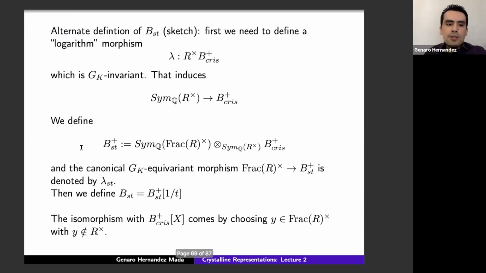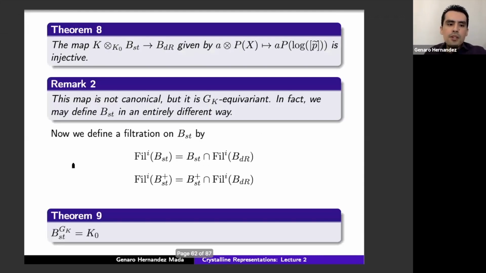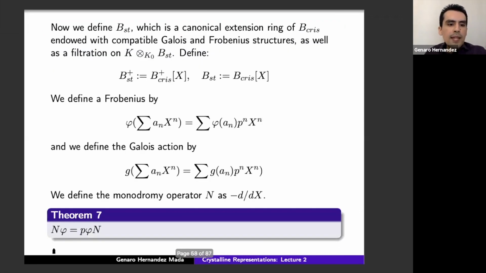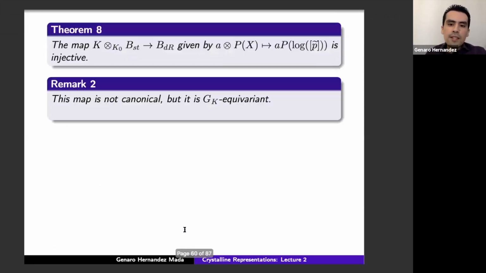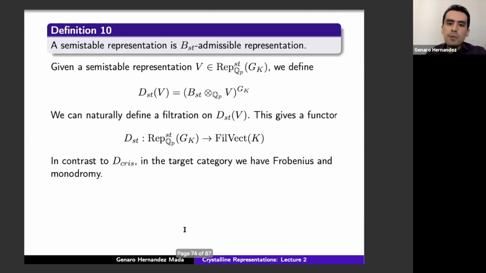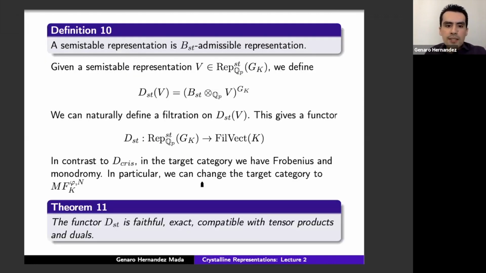The Frobenius and the monodromy are related in this way, okay? So we might take the category of filtered vector spaces with Frobenius and monodromy satisfying that condition, and we are going to denote it like this.